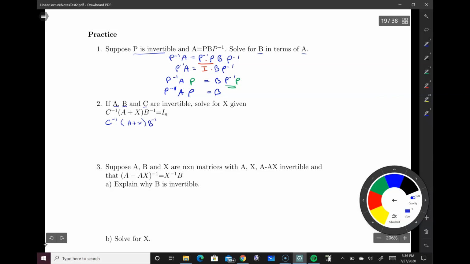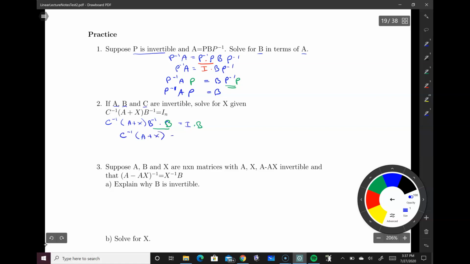by, I'm going to carry this along. I'm going to start by multiplying, whoops, I'm trying to do it in green here, multiplying on the right by B. Then this makes a 1, so I have C inverse A plus X equaling just B. All right, now I want to multiply on the left by C. So C and C, let me carry the rest of it along.